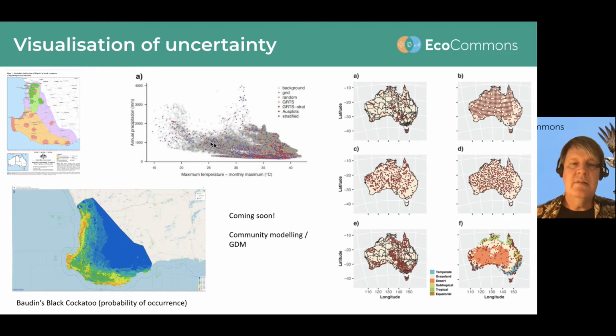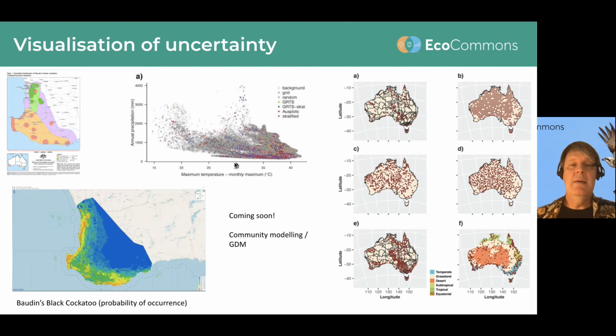So if these little points are sampling locations, and there's a great paper on this that we highlight later, if all these little colorful dots are where we sampled and all the gray areas are the actual environmental space, you can see that these are different sampling regimes, but a lot of them pick up a lot of the environmental space, even those places that are really cold and have high amounts of rainfall. Like some of those have been picked up. And most of your sampling is capturing most of the environmental space that's available in your study area. So that's important to know.